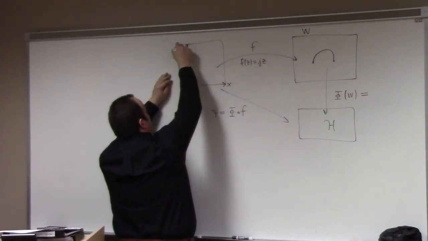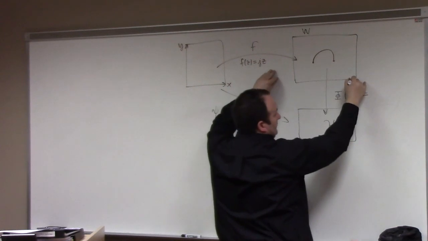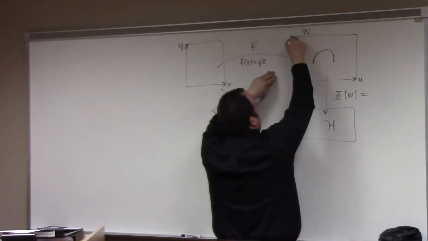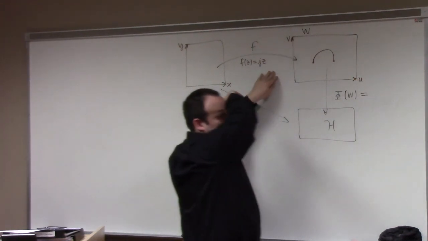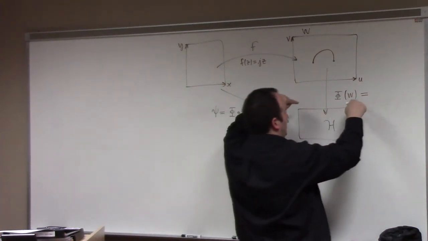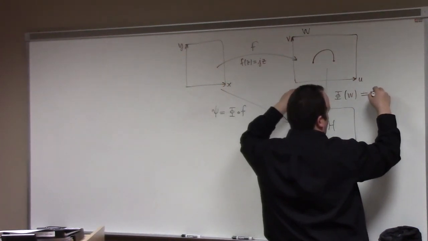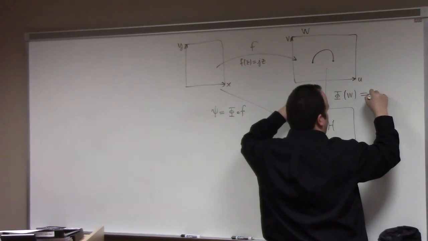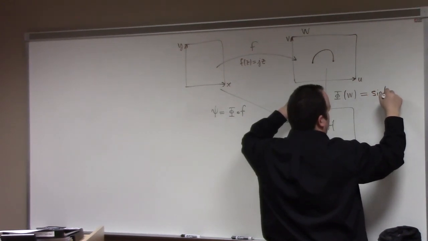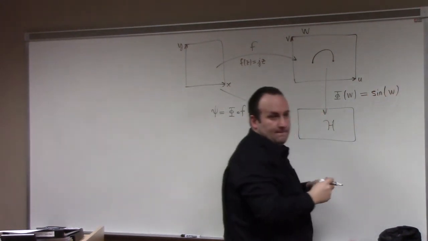That's our nomenclature, so we're using u and v over here. We're going to pick off the real part of it. But for now, let's just say sine of w.